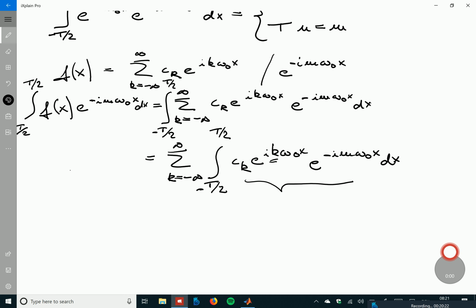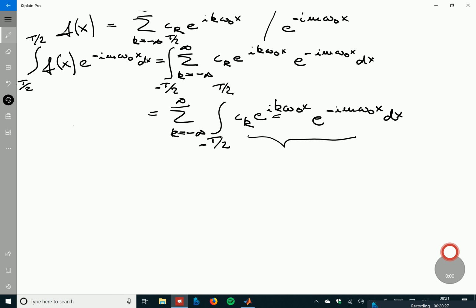So all these terms in the sum come out 0. But if it's m, then we get the integral from minus T half to T half of c_m e to the i m omega 0 x times e to the minus i m omega 0 x dx. The c_m does not depend on the integration variable, so we can take it out of the integral.